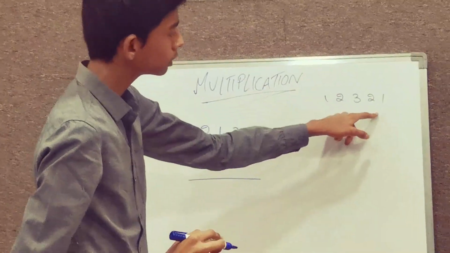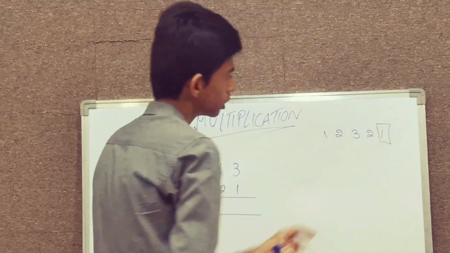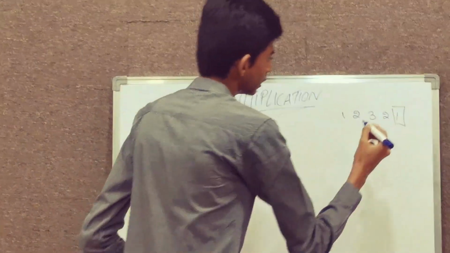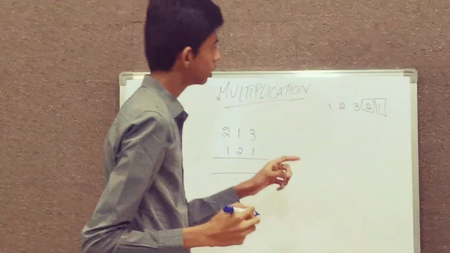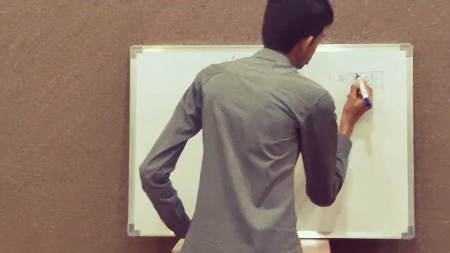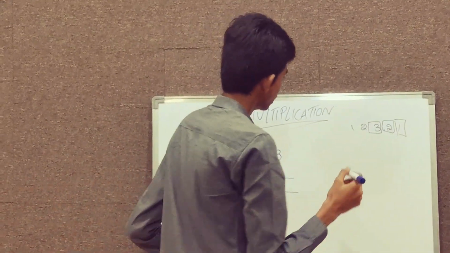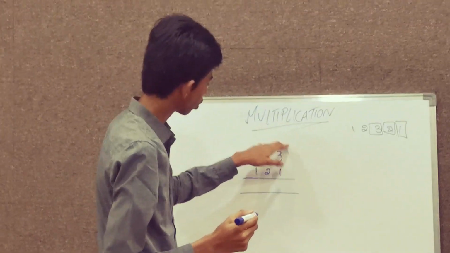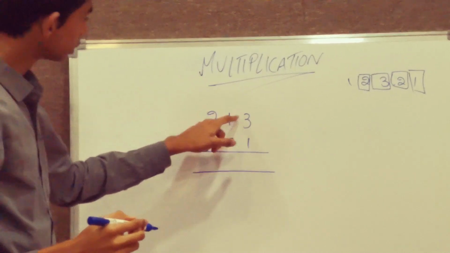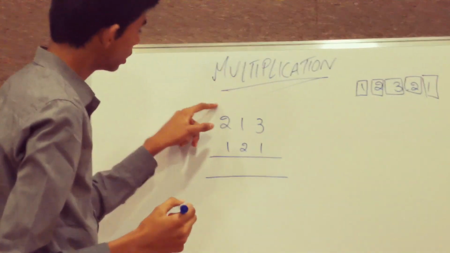So here these numbers resemble the number of columns present in the multiplication. This number represents the first column present in the 3 into 3 multiplication, and then this 2 represents the first 2 columns, and this 3 resembles the highest number of digits present in the lower or the upper row, and resembles the 3 columns present here, and then these 2 represent the last 2 columns of the multiplication, and then this represents the last column.